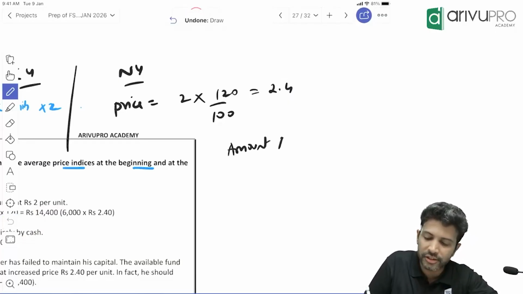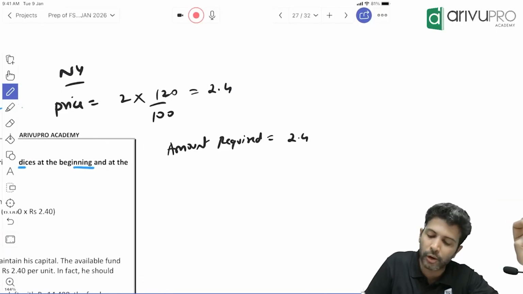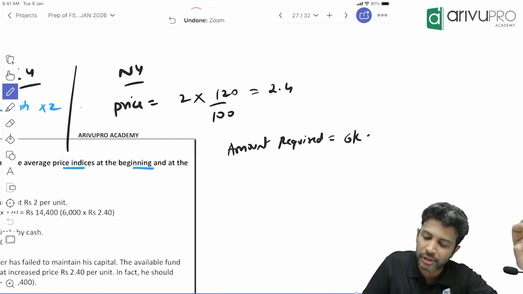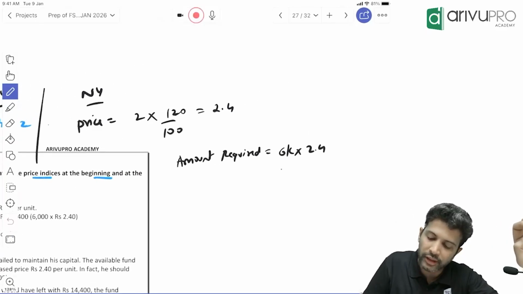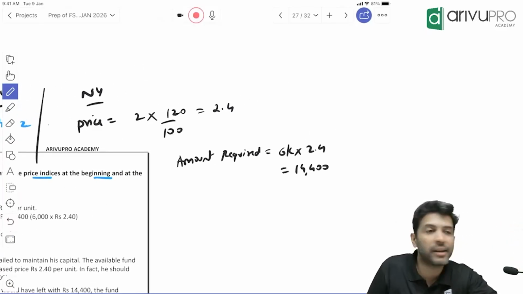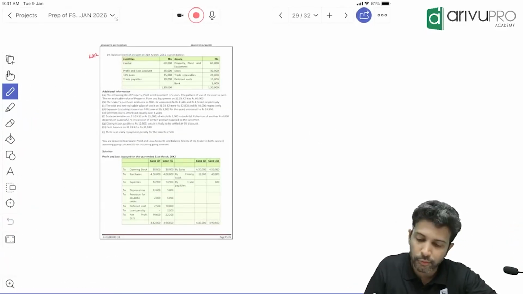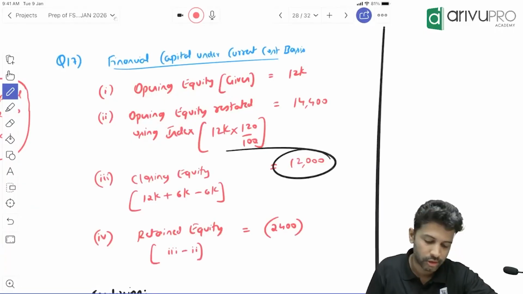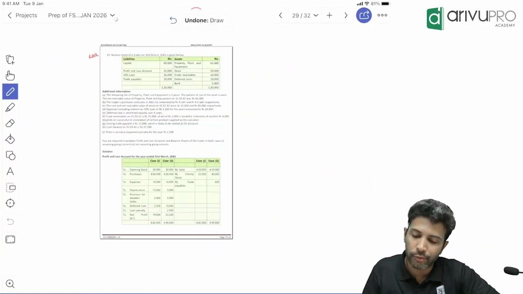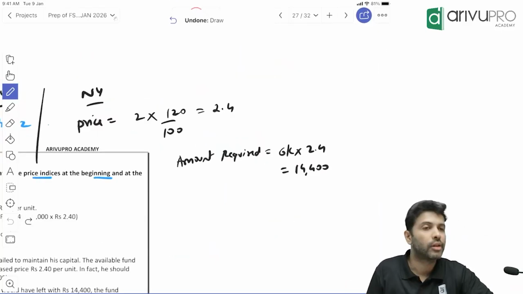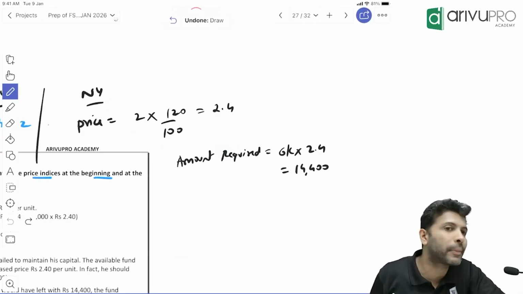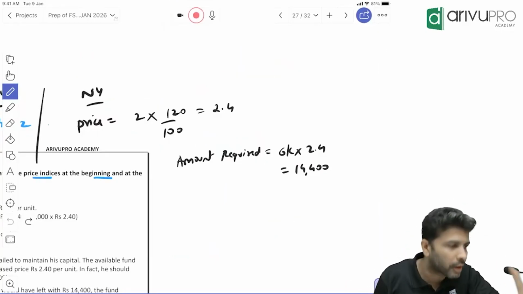For one unit, 2.4 rupees. For 6,000 units, how much? 14,400. That much money we need to have. Do we have 14,400 or only 12,000? With the 12,000, can you buy 14,400 worth of goods? No.